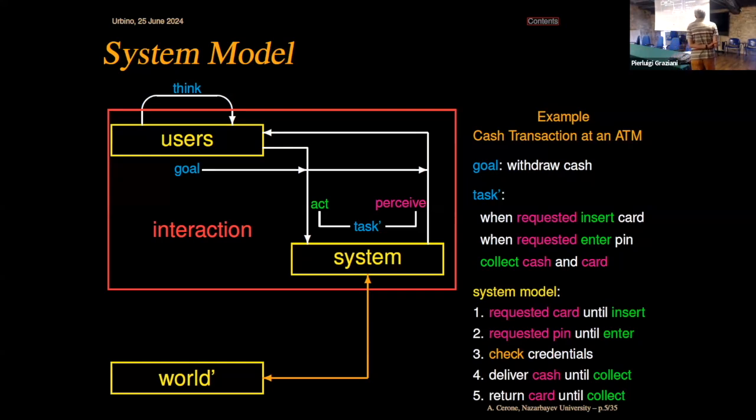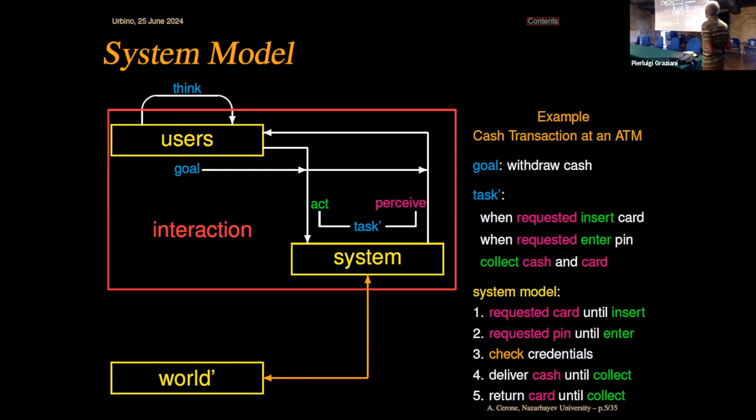Now, this is an example of a possible behavior of an ATM. The first thing, it will request the card, and this request stays there until the card is inserted. Then it requests a PIN, which stays there until the PIN is entered. Then the ATM will check the credentials. This is something that occurs between the system and the world, the bank database.